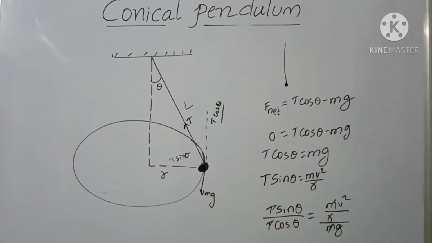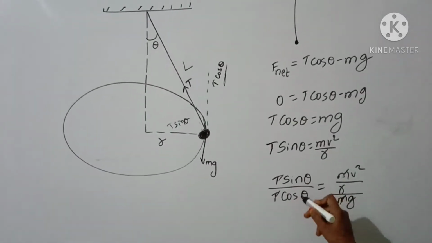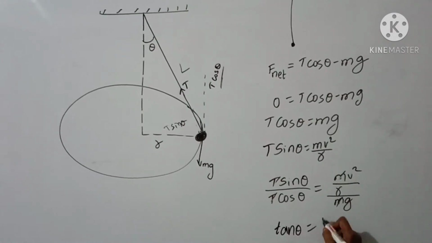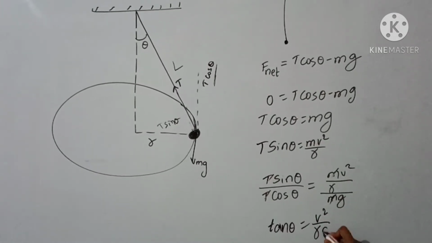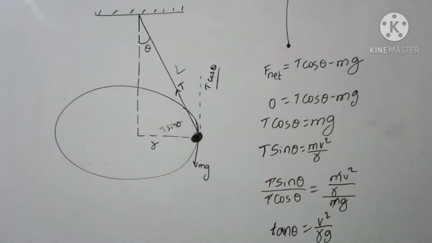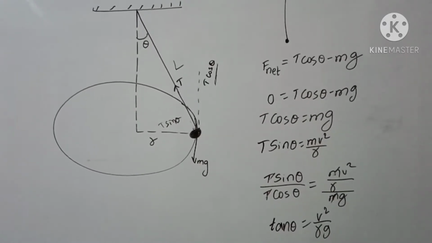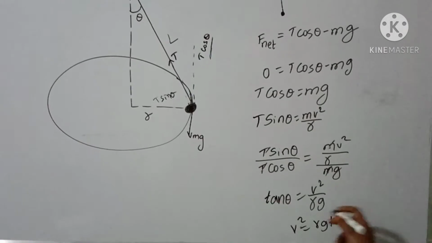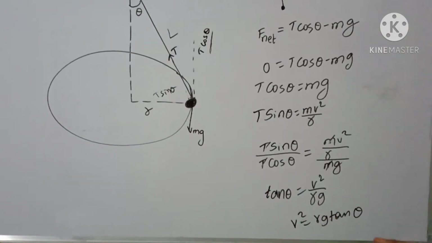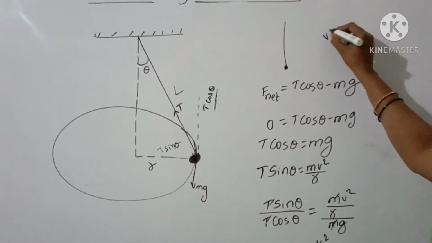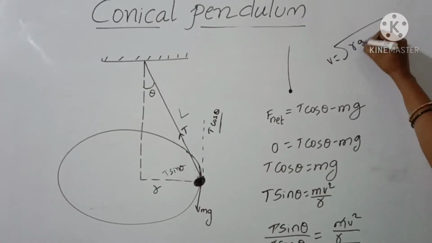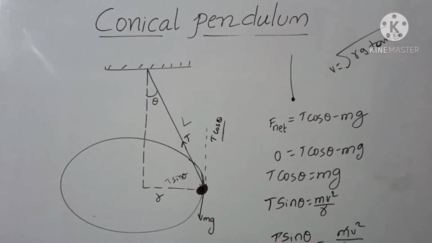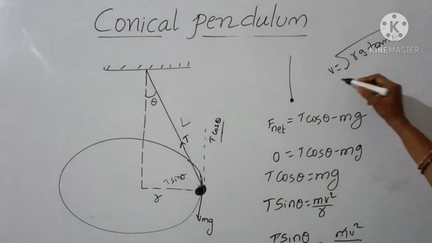Sin theta by cos theta is tan theta, so tan theta equals v square by rg. Now sending rg to the other side, we get v square equals rg tan theta. The square goes to the other side as a root, so v equals root of rg tan theta. This is the linear speed of the body which moves in a horizontal circle.